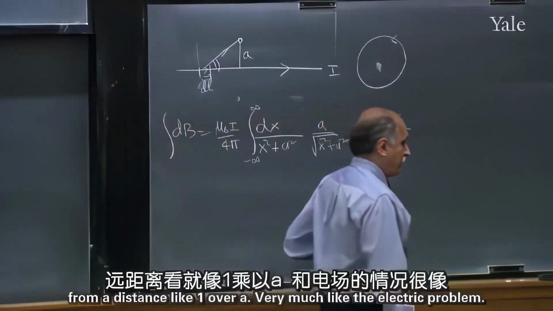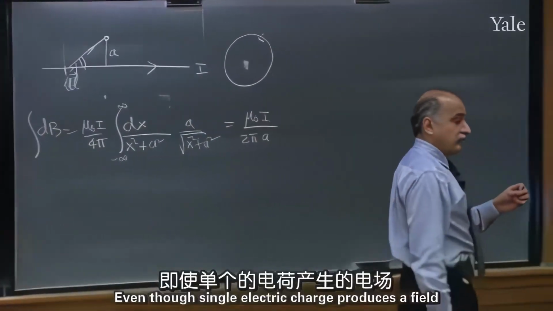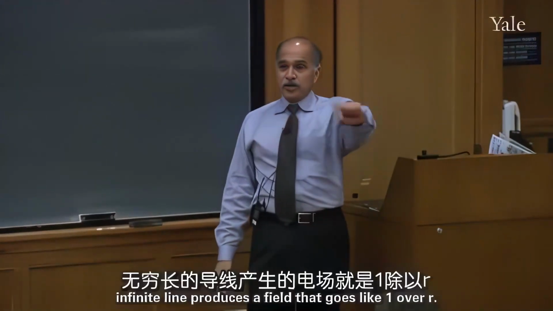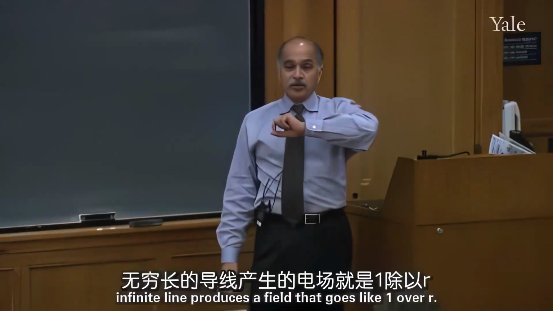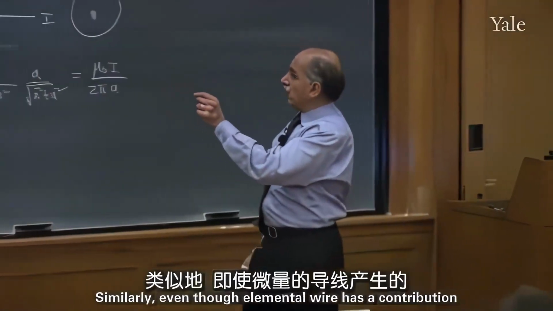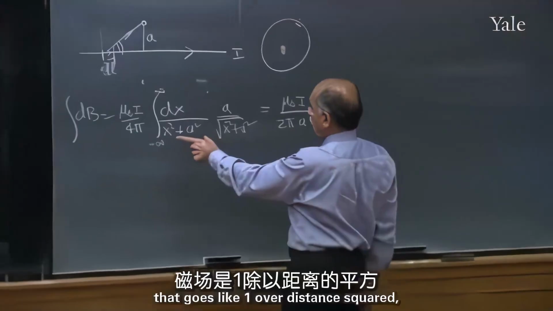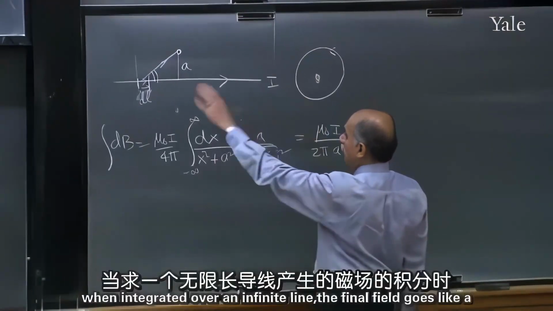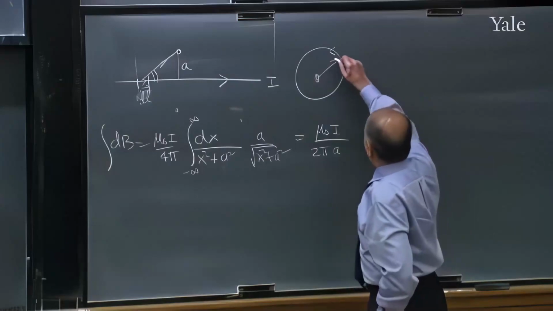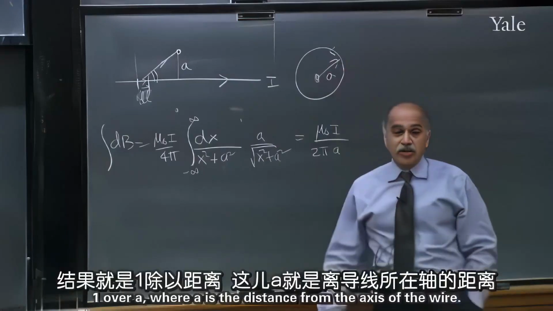Very much like the electric problem. Even though a single electric charge produces a field that goes like 1 over r squared, if you remember, an infinite line produces a field that goes like 1 over r. Similarly, even though an element of wire has a contribution that goes like 1 over distance squared, when integrated over an infinite line, the final field goes like 1 over a, where a is the distance from the axis of the wire.